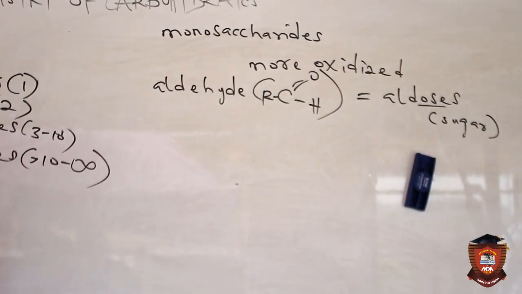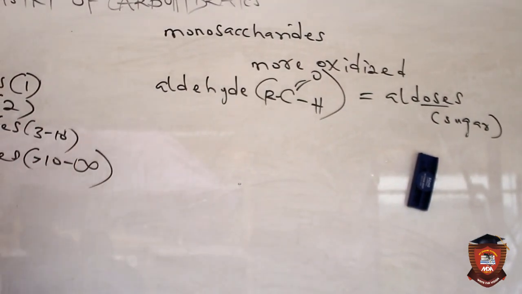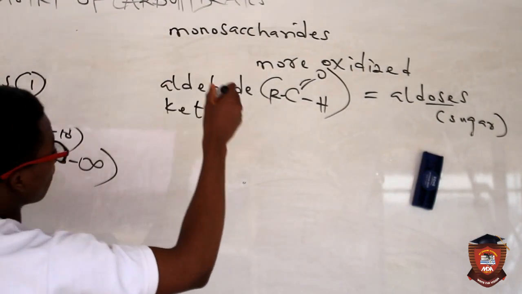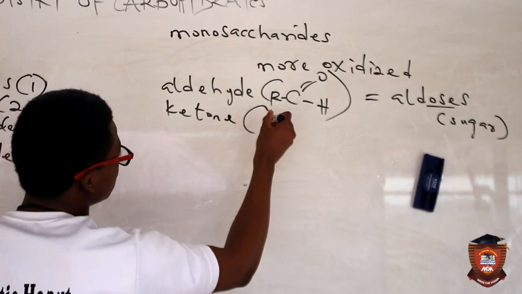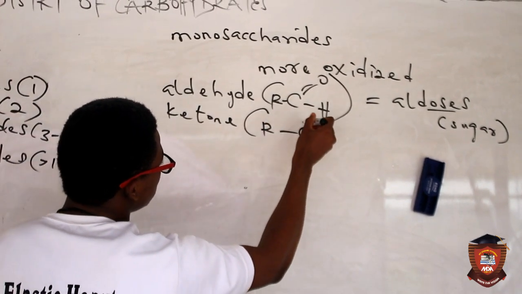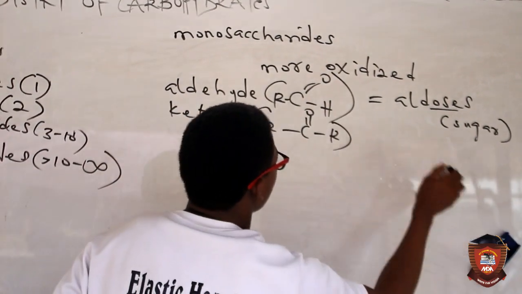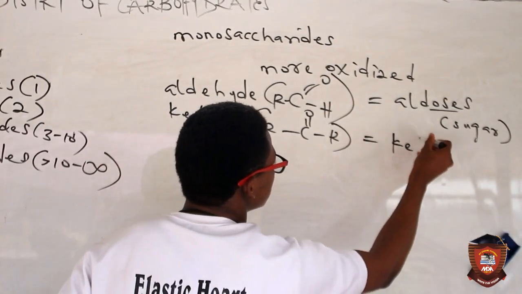Secondly, we have the sugars that have the keto functional group, the ketone functional group, which is R, C double bonded to O, to another R. So these sugars are called the ketoses.